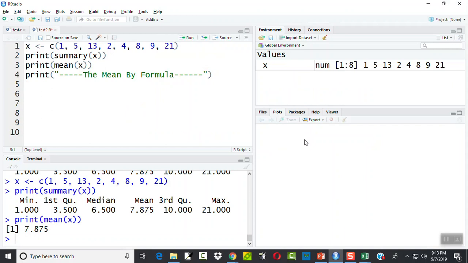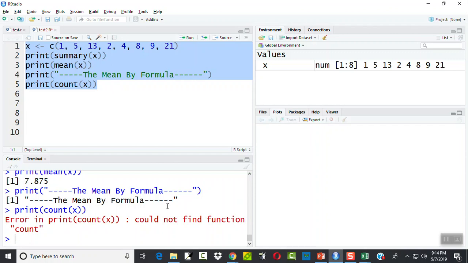Now some of this I'm going to have to look up myself because I don't remember the exact syntax of it. I expect count is count, but let's see if that's a true statement. Highlight that and click run. Could not find the function count.